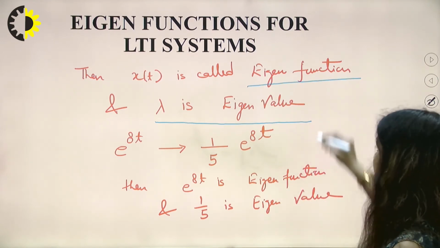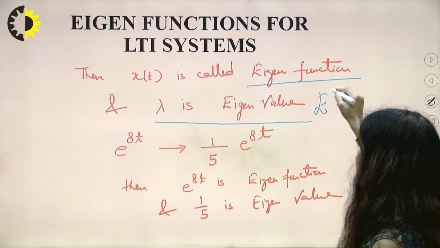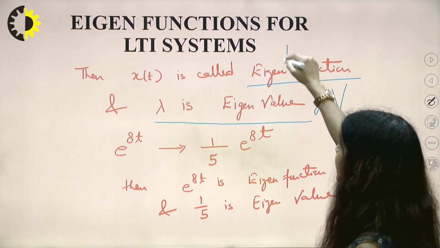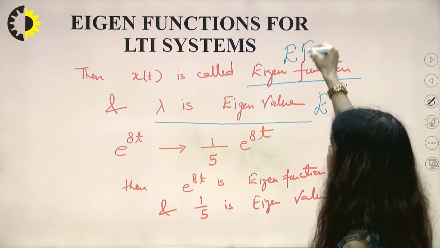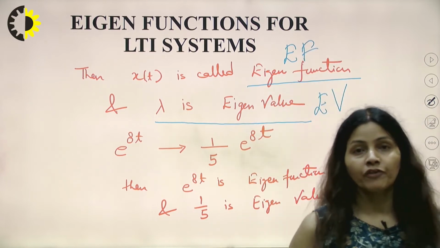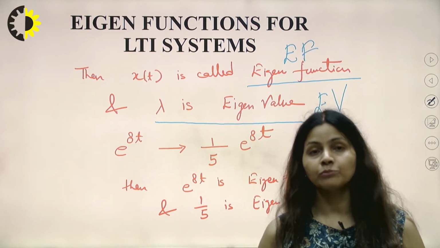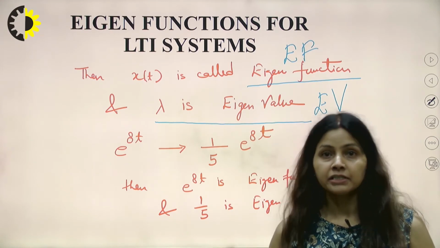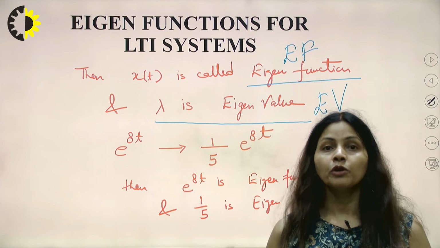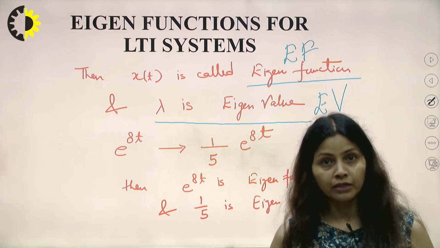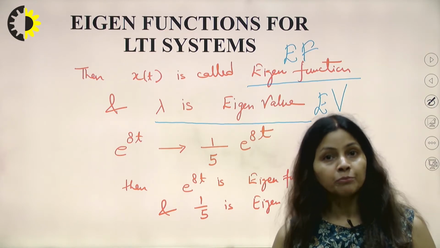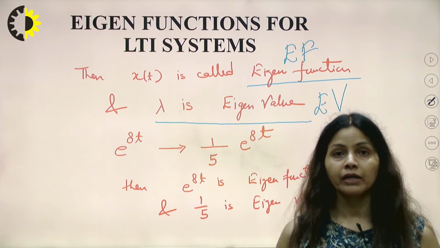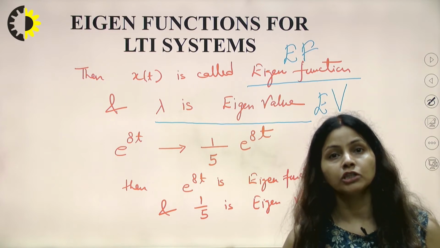So here lambda is EV and x(t) is EF. So it is a very simple concept in terms of an LTI system. The Eigen Value is nothing but the constant which is multiplied by the input, and the input is now said to be the Eigen Function.